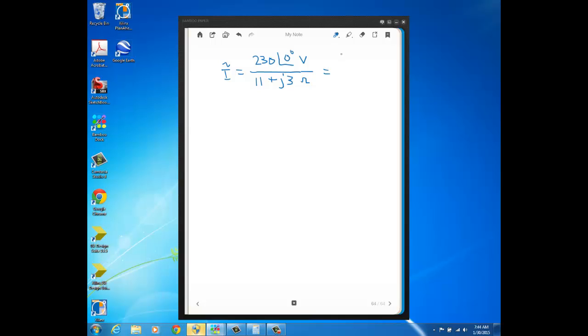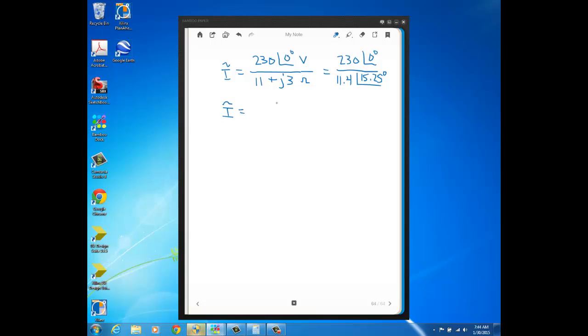To do this, I changed this rectangular complex number into polar form. If you do 11 squared plus 9 and take the square root of that, it comes out to 11.4 as your magnitude. And then the angle is inverse tan of 3 over 11, which is 15.25 degrees.